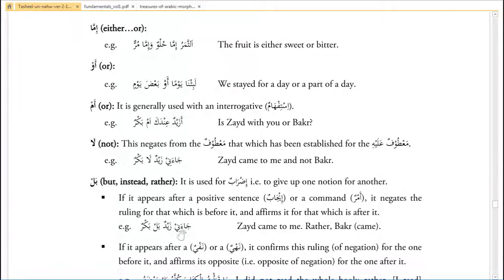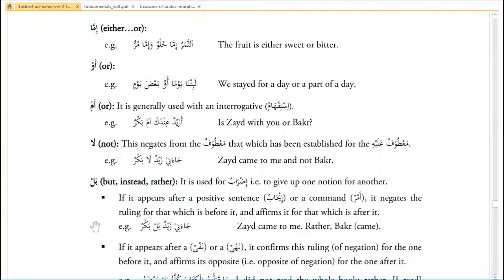For example, جاءني زيد بل بكر. Zaid came to me, rather Bakar. Or you can say جاءني زيد, Zaid came to me but Bakar, meaning Bakar did not come.